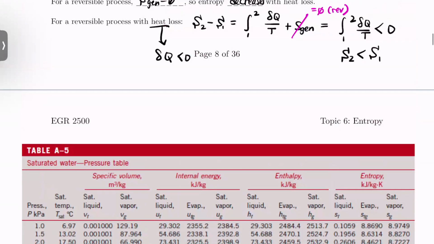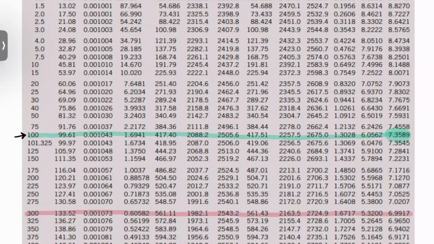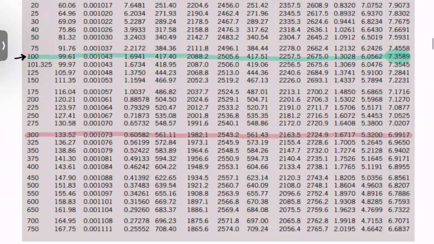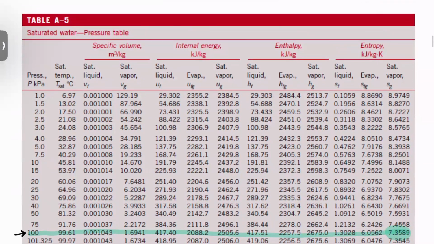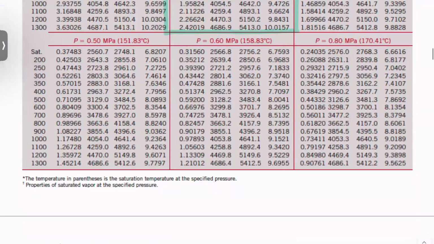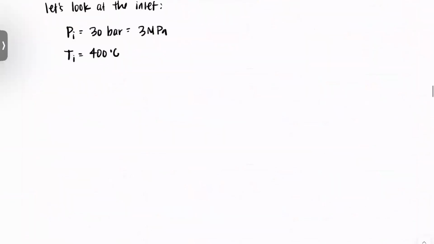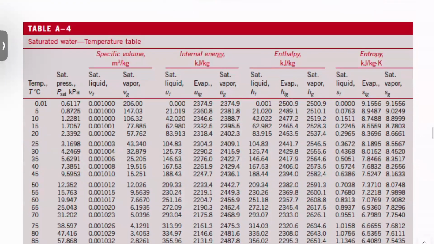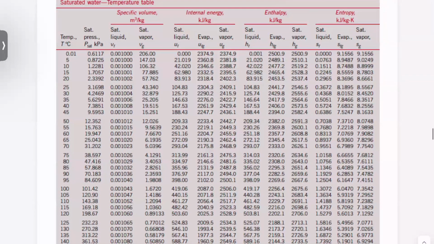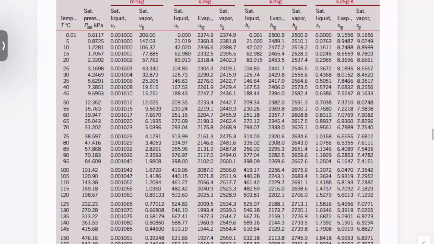What's the temperature again? 400? Okay, fine. Is it in there? Oh, it is in there. I just had to keep going more. Sorry, I meant to do this earlier in the notes, but it's out of order. So I apologize.